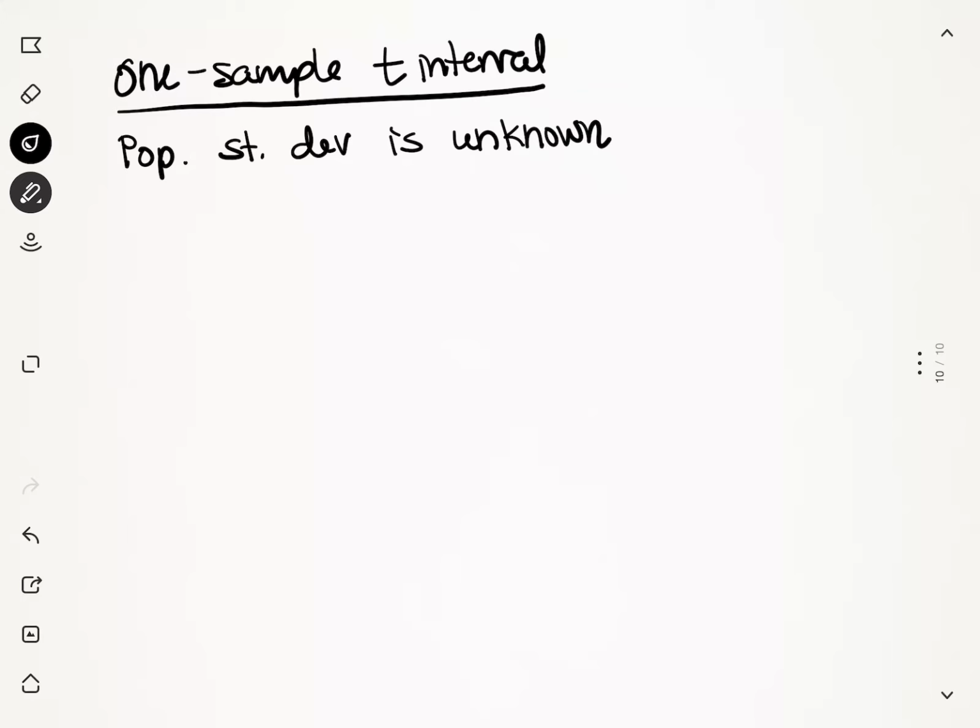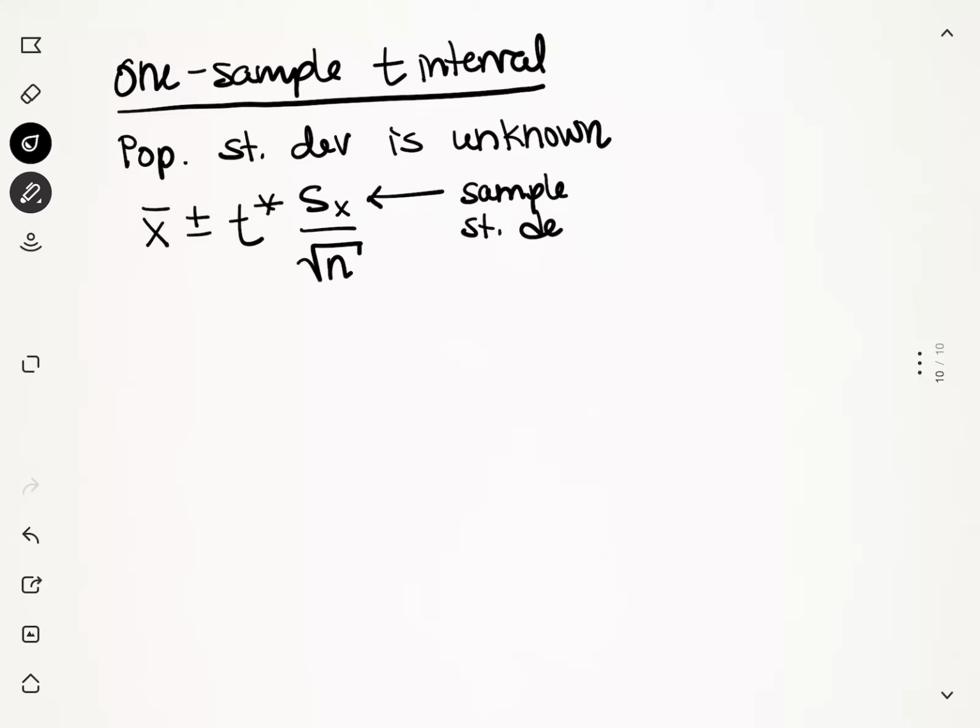Okay? So it's known for a z interval, it's unknown for a t interval. So our formula then varies slightly. It is x bar plus or minus critical t times the sample standard deviation divided by the square root of n. Okay? So this right here is the sample standard deviation instead of the population standard deviation.